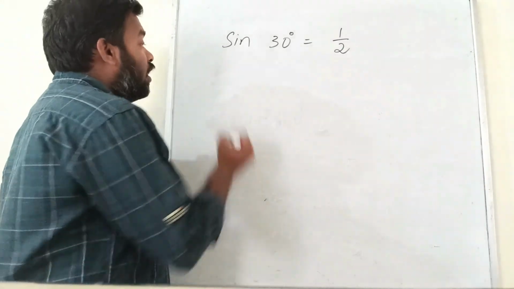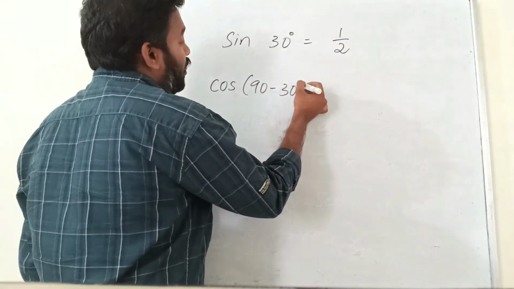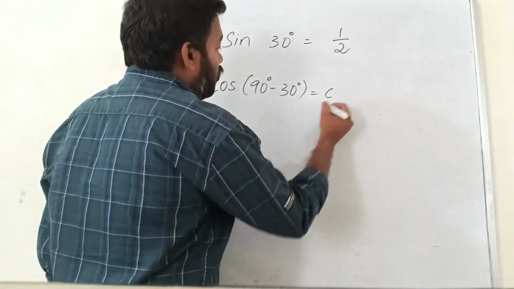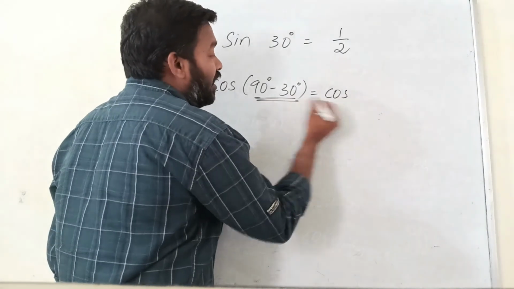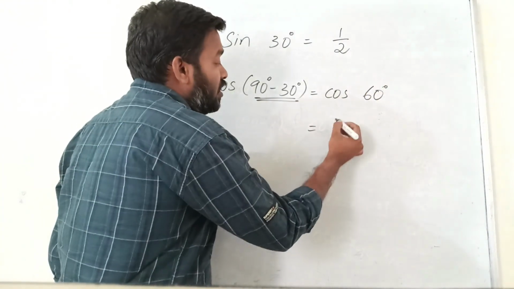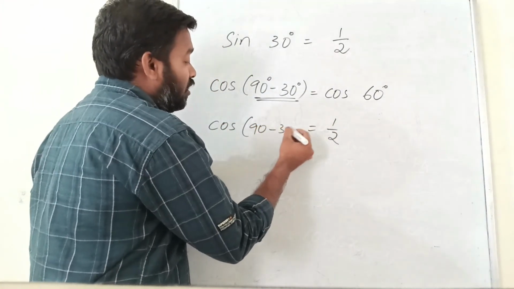Now let us go for cos 90 minus 30. What is 90 minus 30? 60. Cos 60 is 1 by 2. You know that. That is cos 90 minus 30.